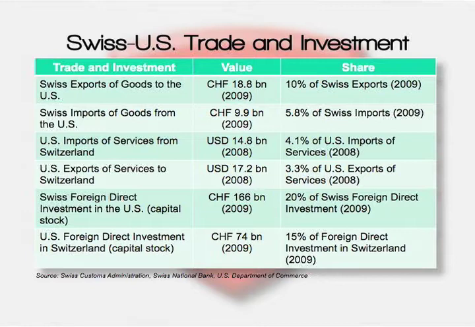And last but not least, the foreign direct investment in the US and also from the US in Switzerland is very important. About 20% of our foreign direct investment is here in the US. So the US is, of course, a very important partner also with regard to investment.